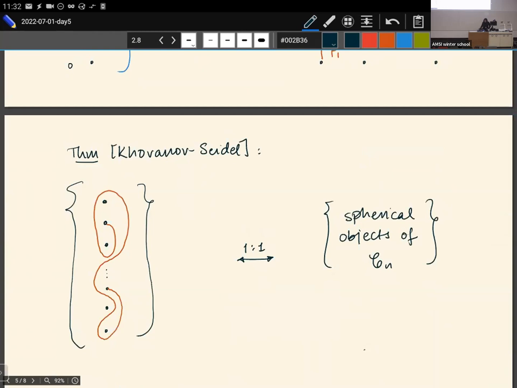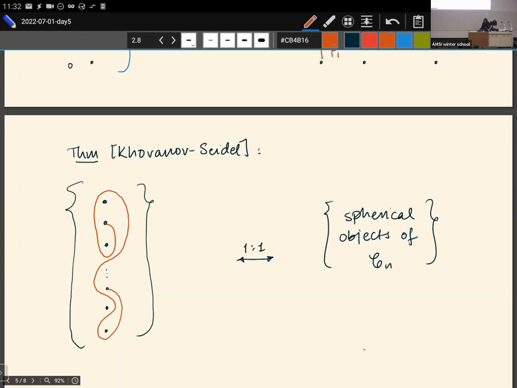Khovanov and Seidel. So if you have arcs in this configuration, and when I say arcs, it's the ones that I mentioned before. So they start and end at different points, don't pass through any other points, up to isotopy, etc. So arcs in the configuration like this correspond to objects of Cn, not all objects, special objects.